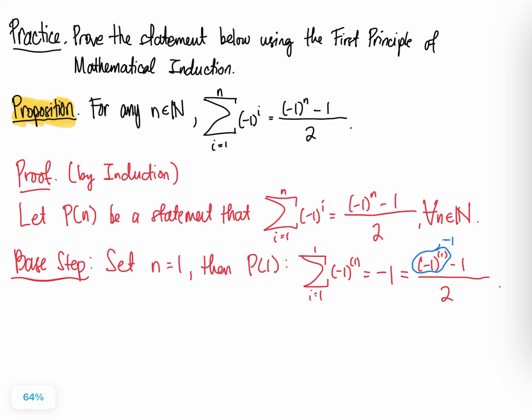So basically, if we input negative 1 here, minus 1, this becomes negative 2 for the numerator, and negative 2 divided by 2 is going to give us basically negative 1. So clearly, this works out for the base step, that the left-hand side is actually equal to the right-hand side. So we're good with the base step.